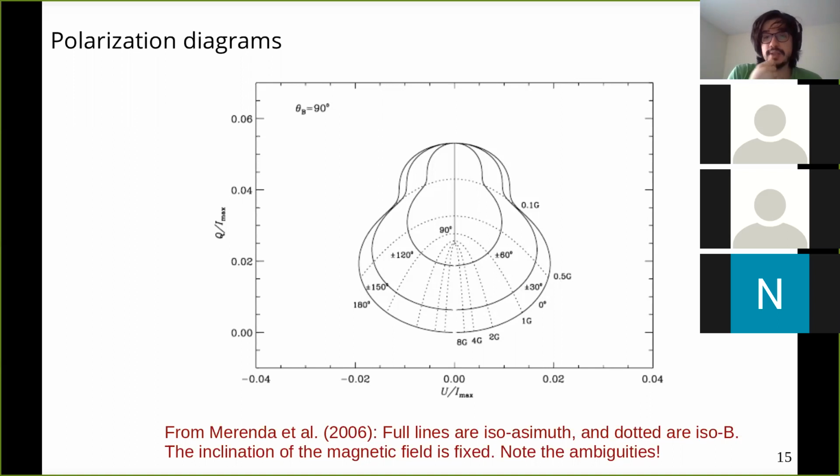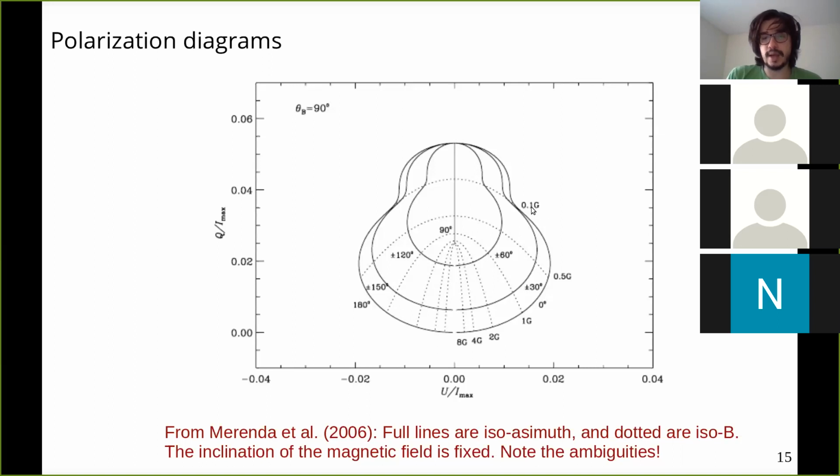So basically what I do is I fix the magnetic field to, for example, 1 Gauss, okay? So here is 1 Gauss. For the inclination of 0, I have no U, but I have some Stokes Q, all right. If the magnetic field was 0 Gauss, I would only have Stokes Q and it would be here at the top.